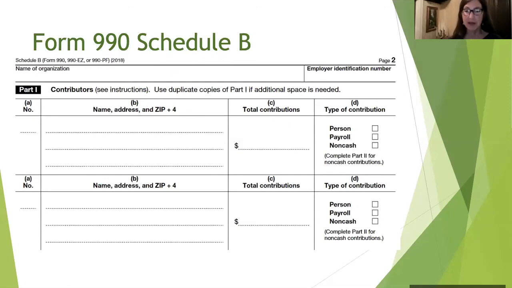You cannot report in-kind donations of time. Just like on your own IRS contribution form, you can't value your time and put it down as a deduction. You don't get to count donated time on your financials. Did that answer your question about in-kind donations?